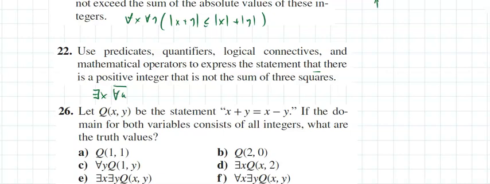For all a, b, c, if x is a positive number, x would not equal the sum of the squares of those three. Remember, the domain consists of all integers.